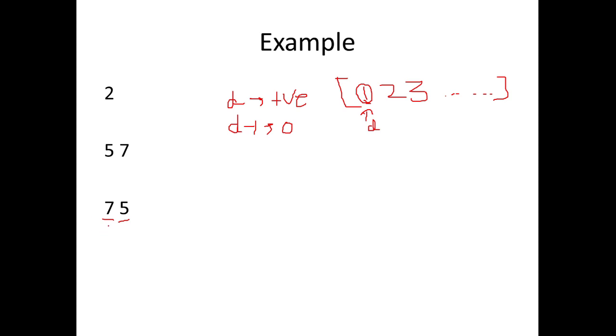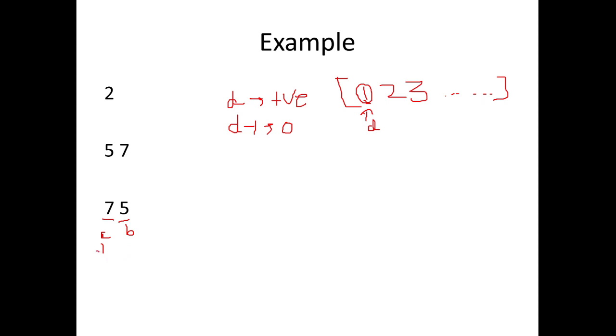So the value of a is 7 and the value of b is 5. Now we'll perform the second operation, that is, adding d minus 1 to a and d to b.